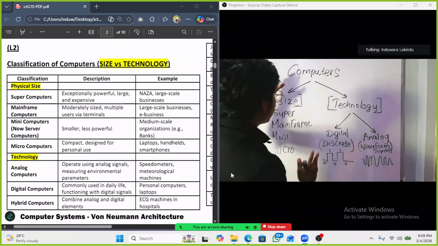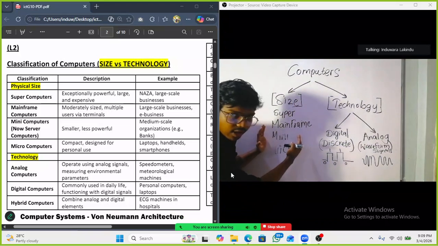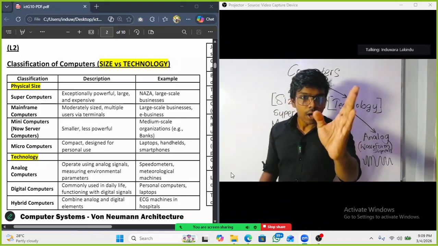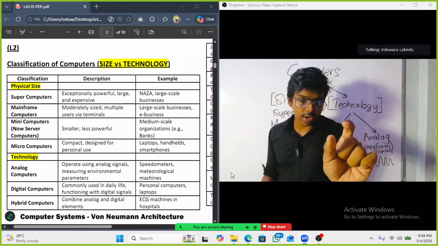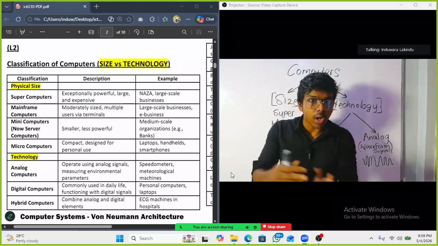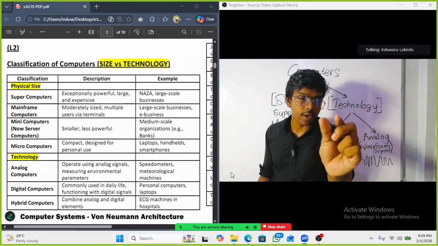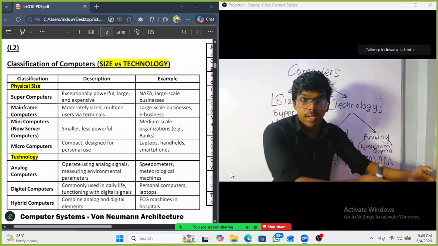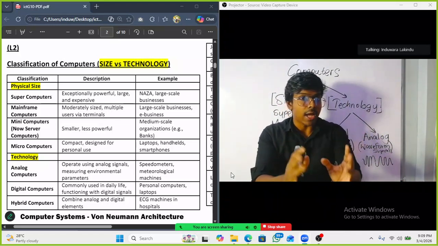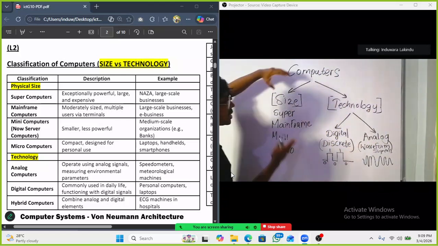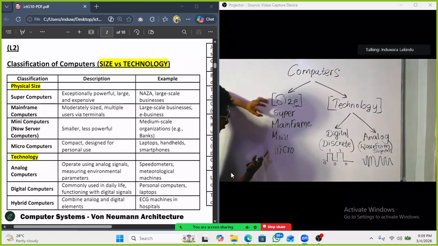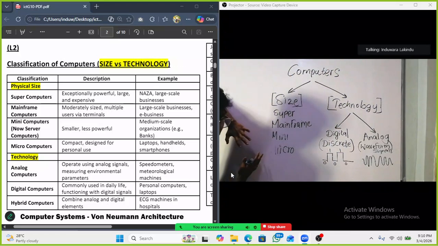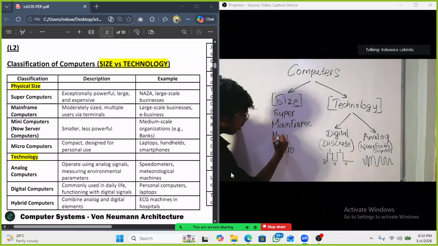The computers, based on size, we can categorize like how we categorize a person as a kid or an adult based on age, and as a girl or a boy based on gender. Like that, computers based on size we can categorize into 4: super, mainframe, mini, micro.